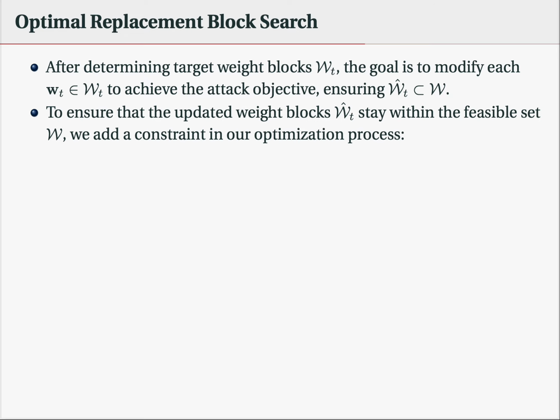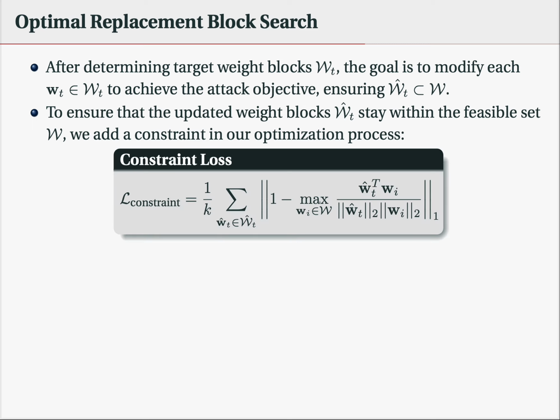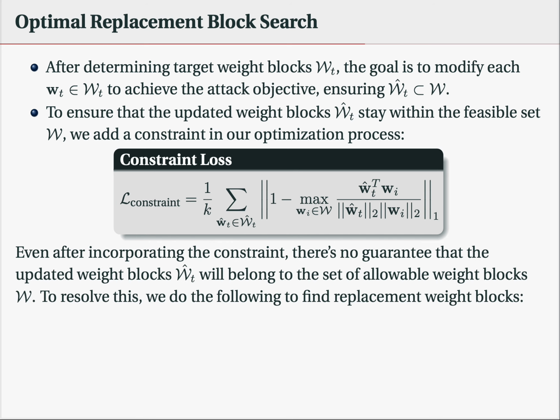To ensure this, we add a constraint in our optimization process. We minimize the cosine distance of the updated target weight block with any arbitrary weight block within the feasible set. However, even after incorporating the constraint, there is no guarantee that the updated weight blocks will belong to the set of allowable weight blocks.